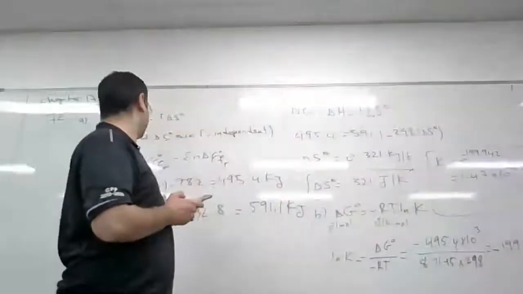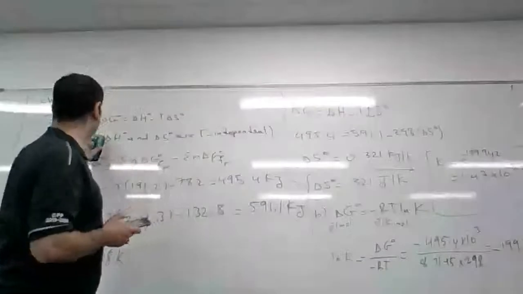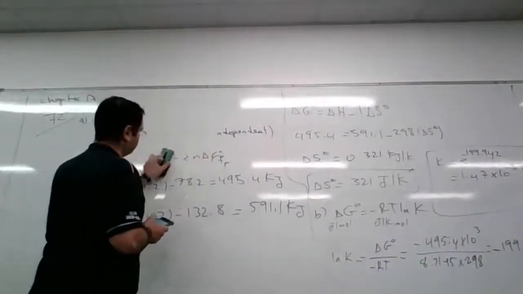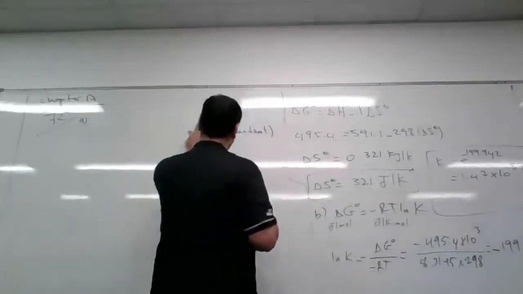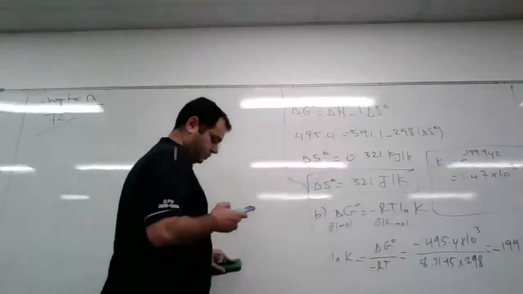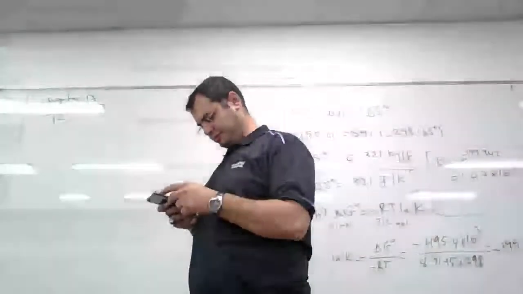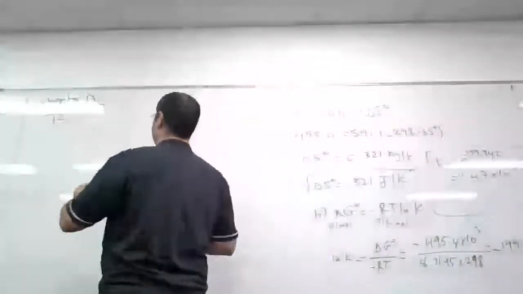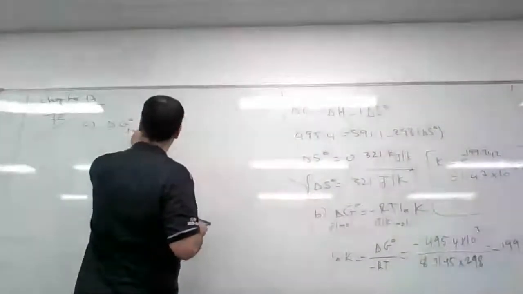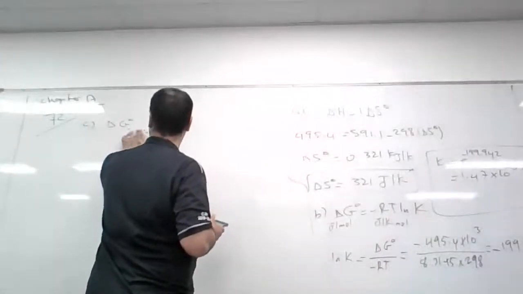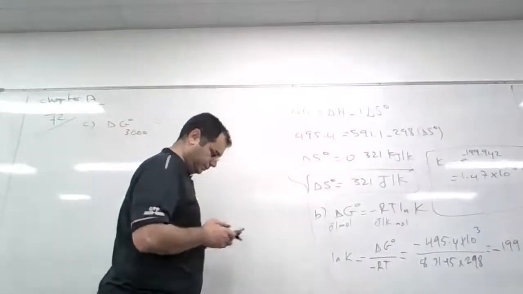So now we finished part A, part B. Let's go to part C. What is demanded? What should we do in part C now? Look at part C. We need to calculate delta G naught at 3000 Kelvin. Can we do that?